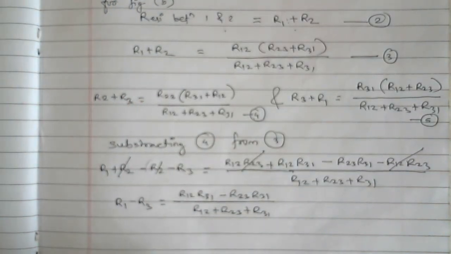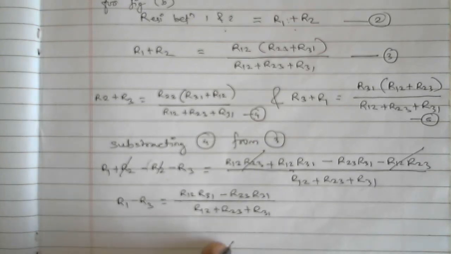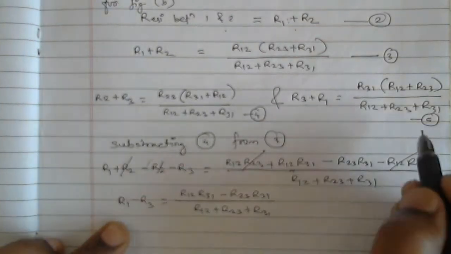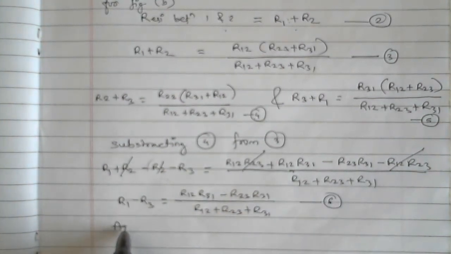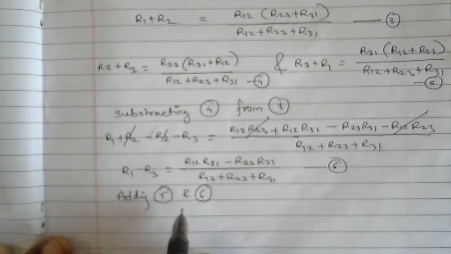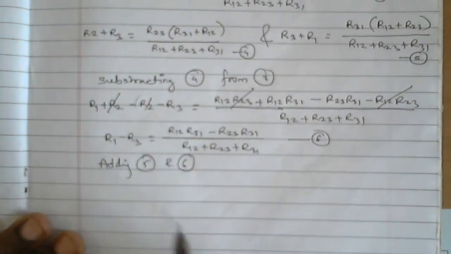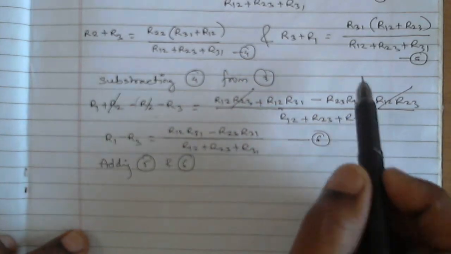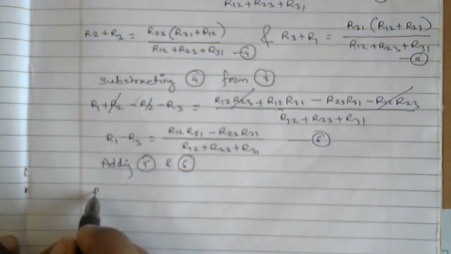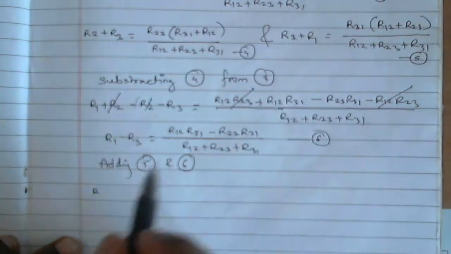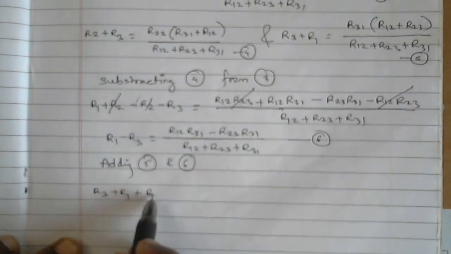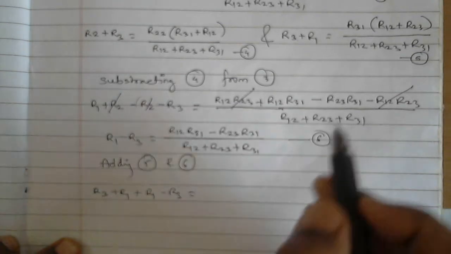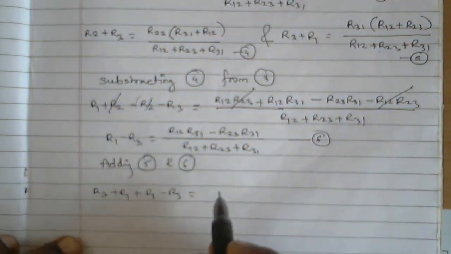Now what I will do, I will add this equation with equation number 5, I will call it 6. Now let me say adding 5 and 6. So this is the fifth one. So I can say R3 plus R1, plus this side R1 minus R3, equal to right hand side addition.